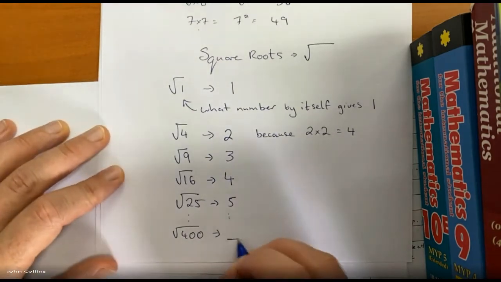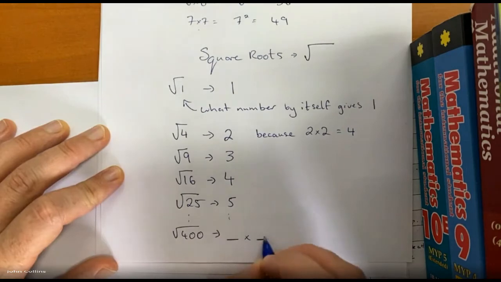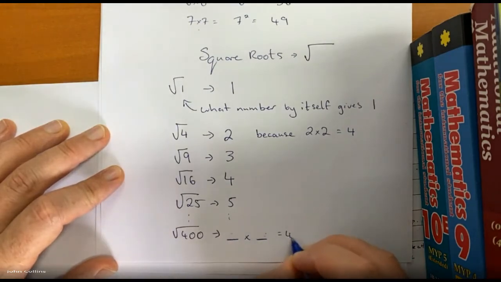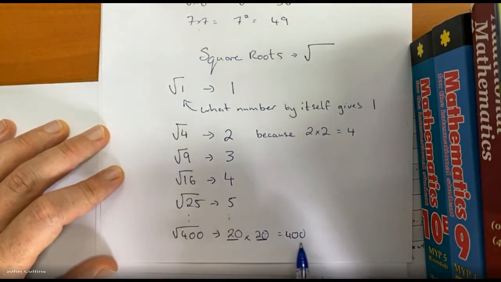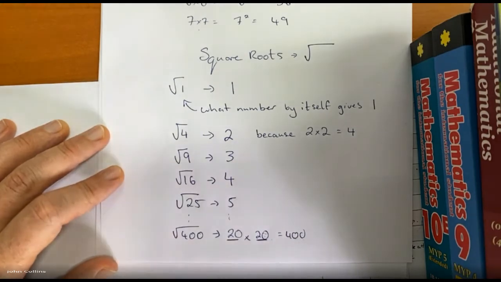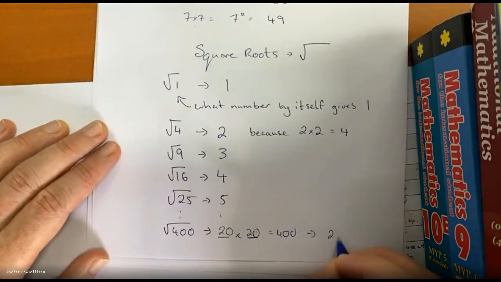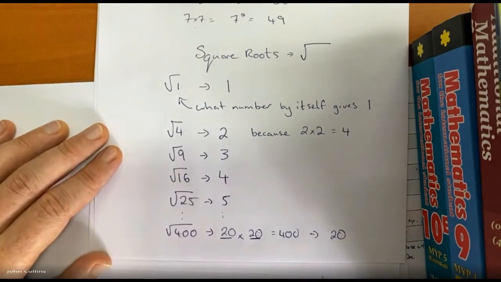So something times something, and these two somethings have to be the same, gives 400. And that's the answer. So it's 20 times 20. 2 zeros make these 2 zeros, and then 2 times 2 gives 4. So yes, 20 times 20. So the answer, 20. Very good.